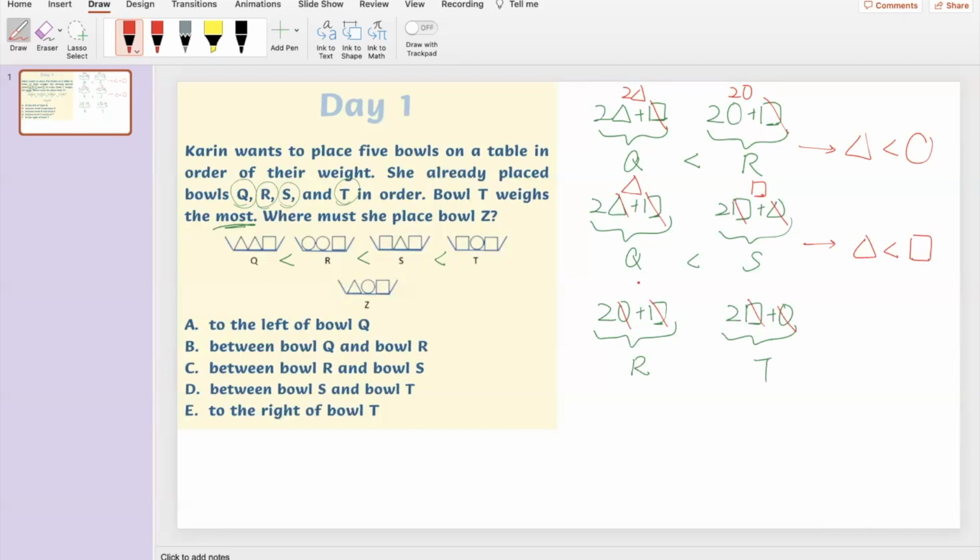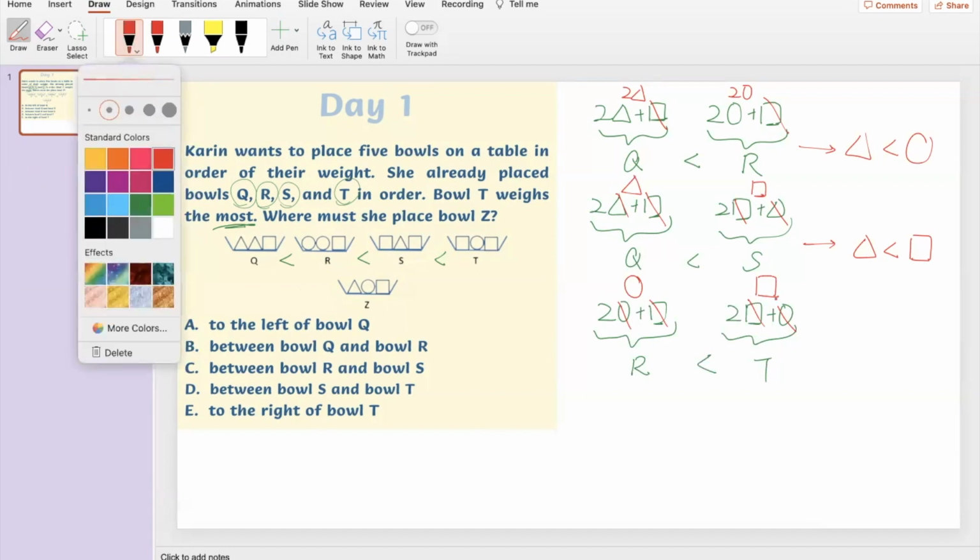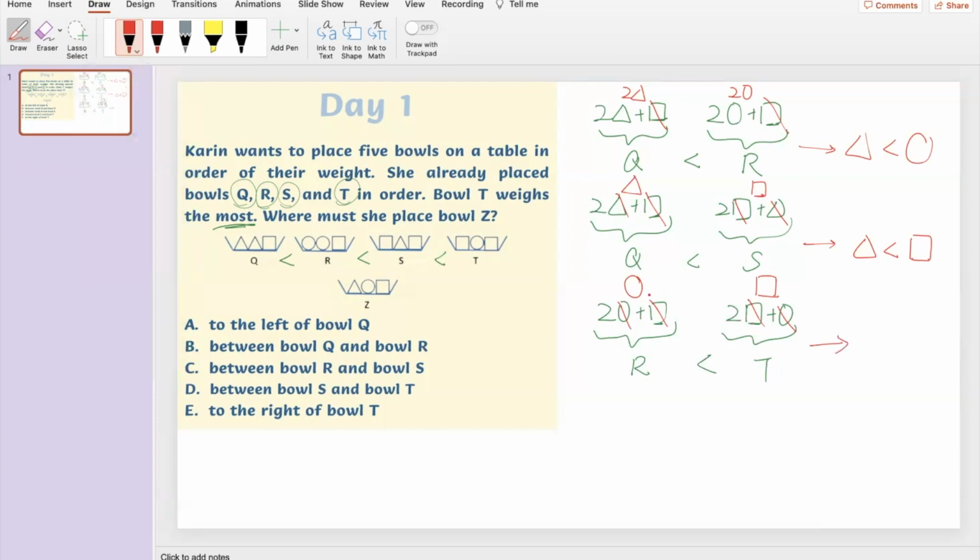And we are left with 1 circle here, and we're left with 1 square here. Oh, by the way, we still know that our R is smaller than T, right? R is smaller than T. Okay, and then we know that our circle is smaller than square.